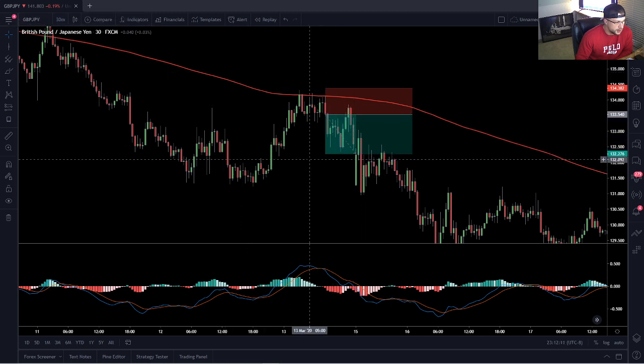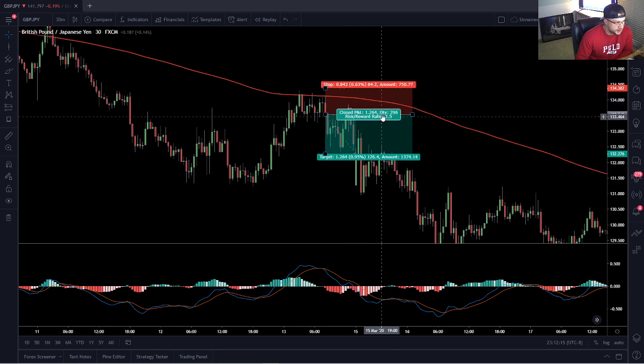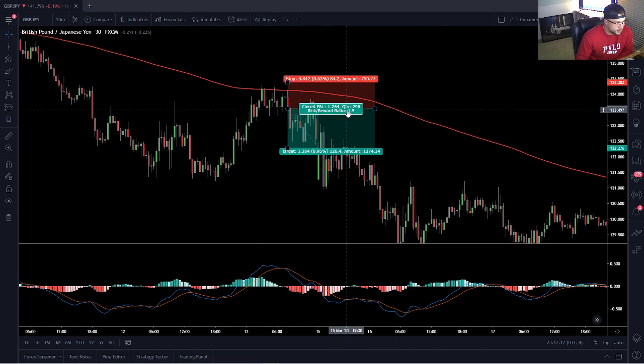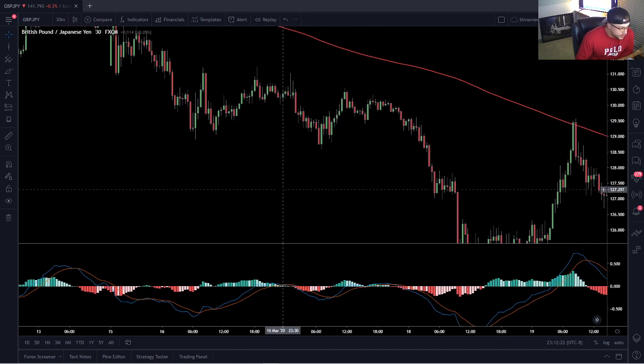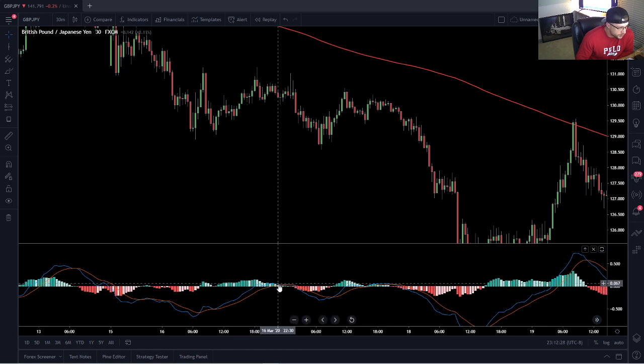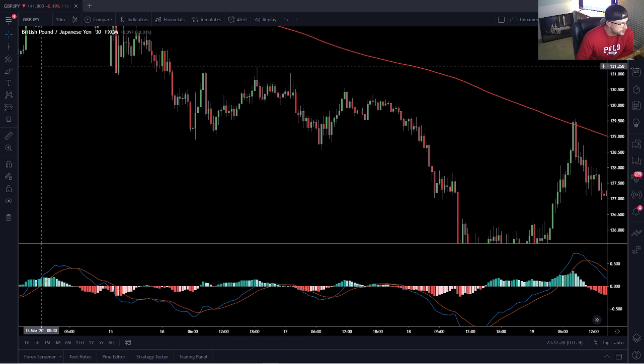So it came down towards it, almost got it, pulled back, slammed through it. Just grabbing that pullback. Both the blue and the orange are actually above the middle line. So that is valid. It's close, but it's valid. It's not as confusing as some of the other examples we saw.